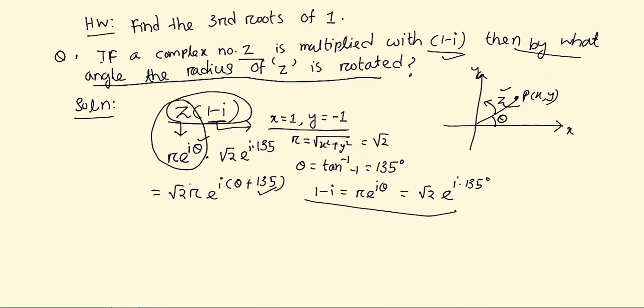So here we can get the complex number z whole into 1 minus I rotated an angle 135 degree anti-clockwise. See here, anti-clockwise.